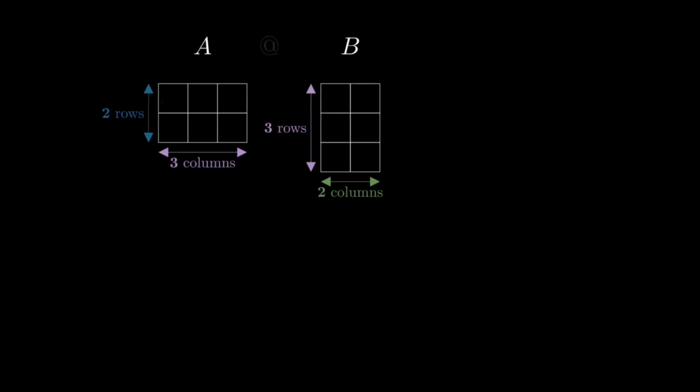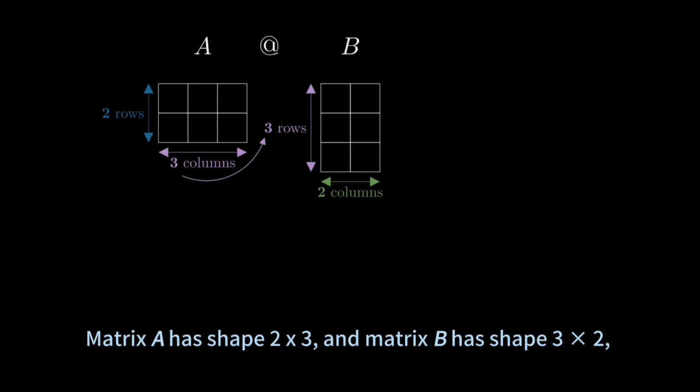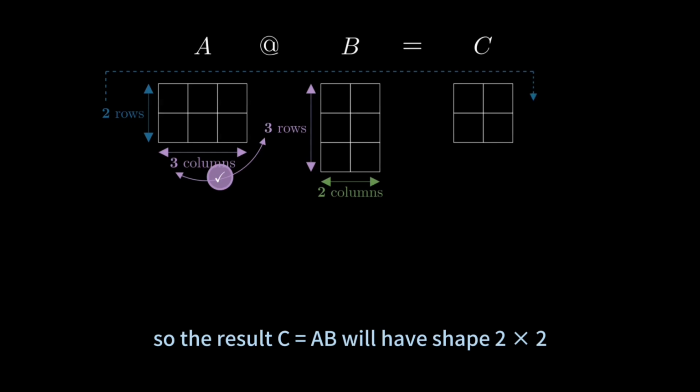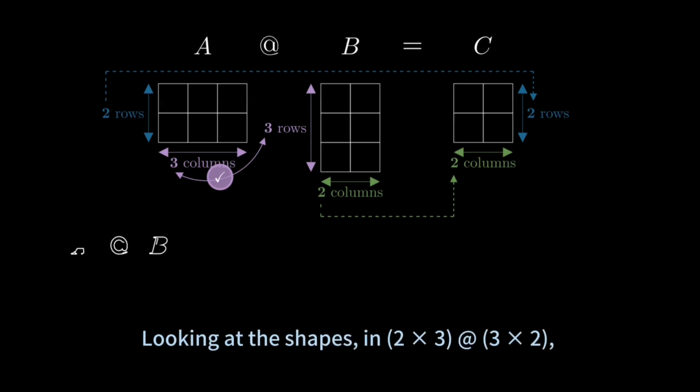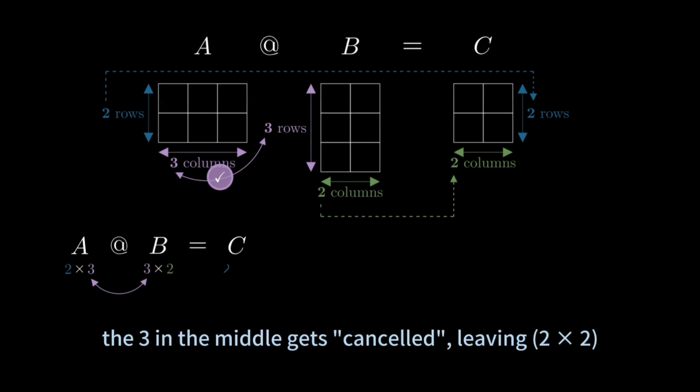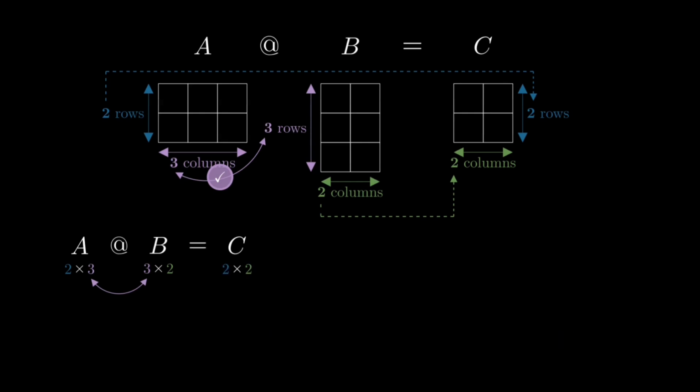Now let's talk about a very simple example. Matrix A has shape 2 times 3, matrix B has shape 3 times 2. So the result A times B gives us a shape 2 times 2. Looking at the shapes, in 2 times 3 at 3 times 2, the 3 in the middle gets cancelled, leaving 2 times 2.